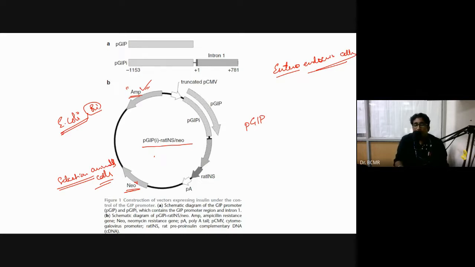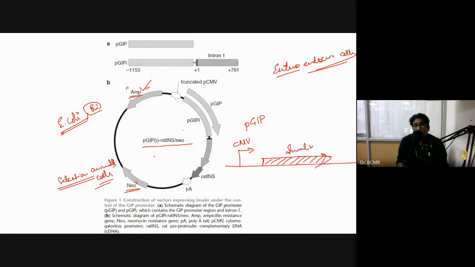Then, for this part, they have made something like this. They put a promoter from cytomegalovirus and they put the gene for insulin.